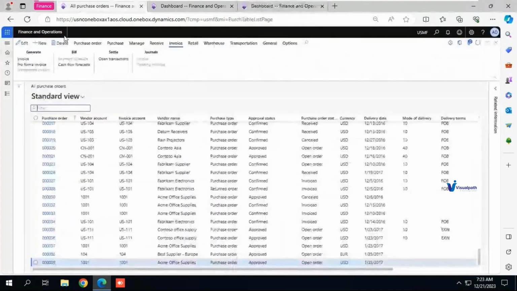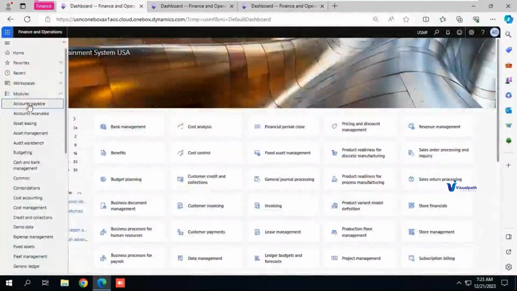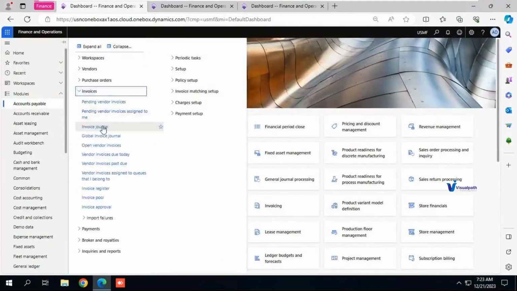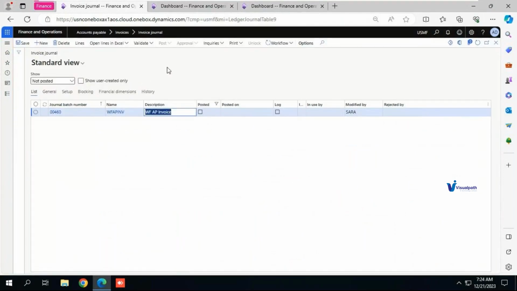So, accounts payable, collapse all, invoices, invoice journal. Okay, here accounts payable, invoices, invoice journal.